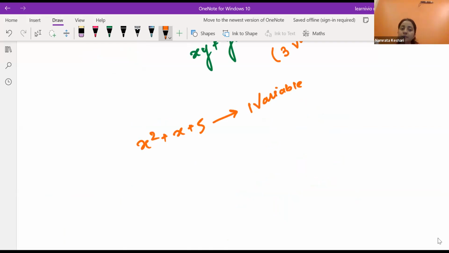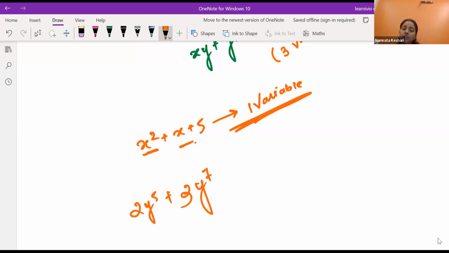We will just say that only one type of variable is included. That means one variable. Even if I write y to the power 5 plus 3y to the power 7 minus 24, we still say one variable is involved, that is y. So far, is it clear?